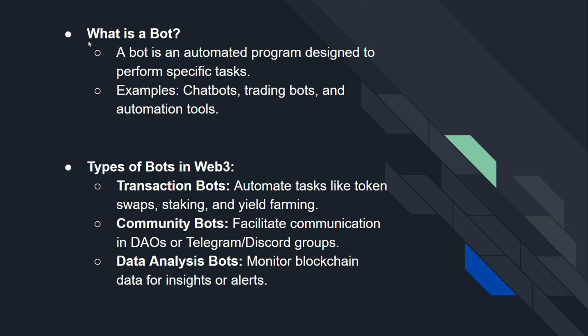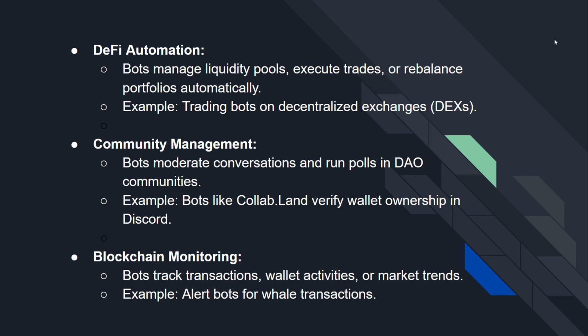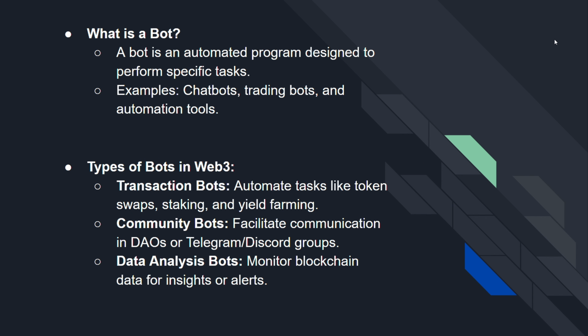So what are the types of bot we have, streamlining it down to the Web3 space? We have transaction bots, community bots, and analysis bots, and these bots are used for several functions such as automating the swapping of tokens, staking, facilitating communications in groups, and also monitoring blockchain data.